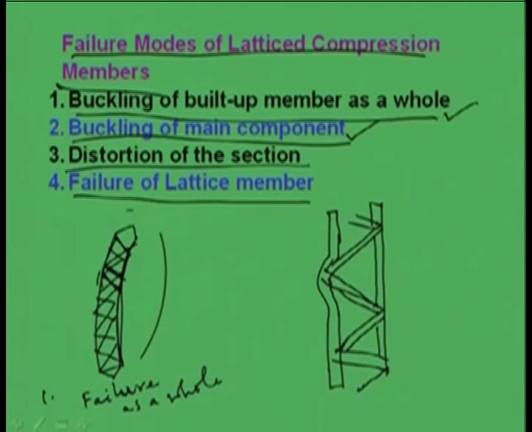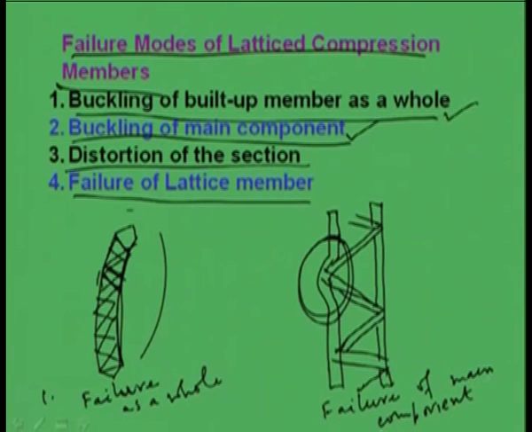Now, say this area is going to fail. That means buckling of main component is happening here. So, failure is happening due to failure of the main component. So, this is also one type of failure.